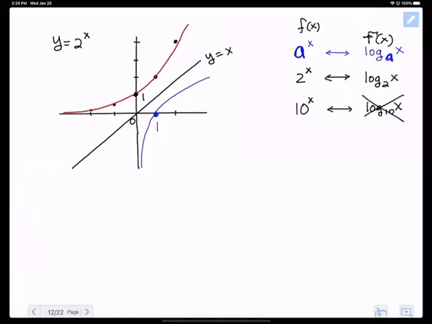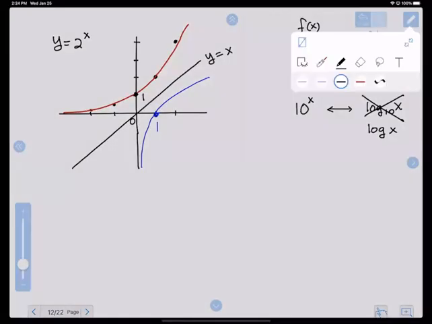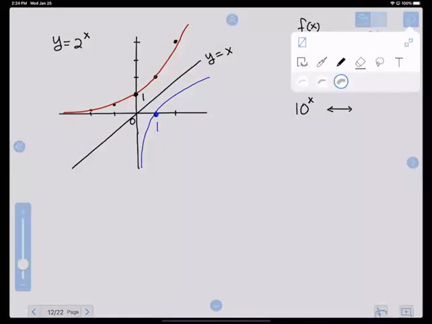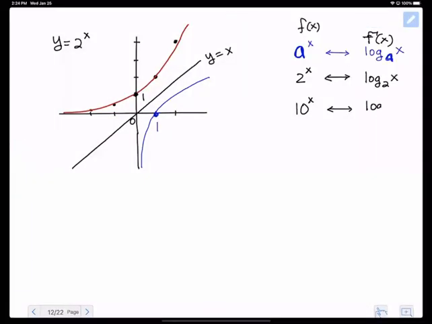But we don't write it this way. Log base 10 is skipped. We just write it log x. So if you don't see any base here, it means 10 is skipped. Do you understand that? So log base 10 of x, 10 is skipped, so write it out as log x.